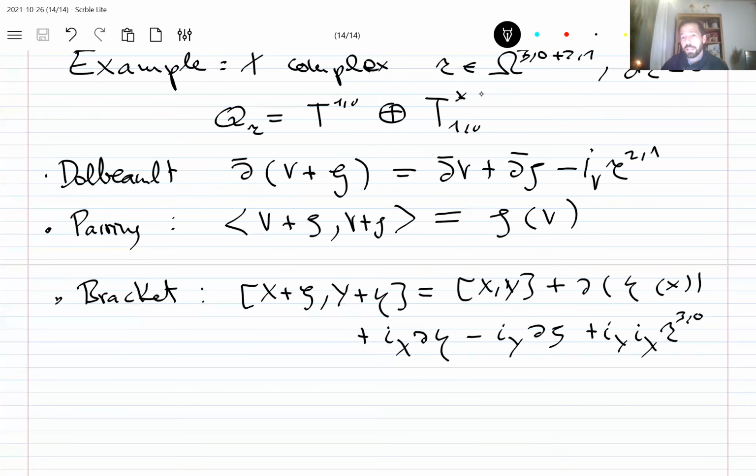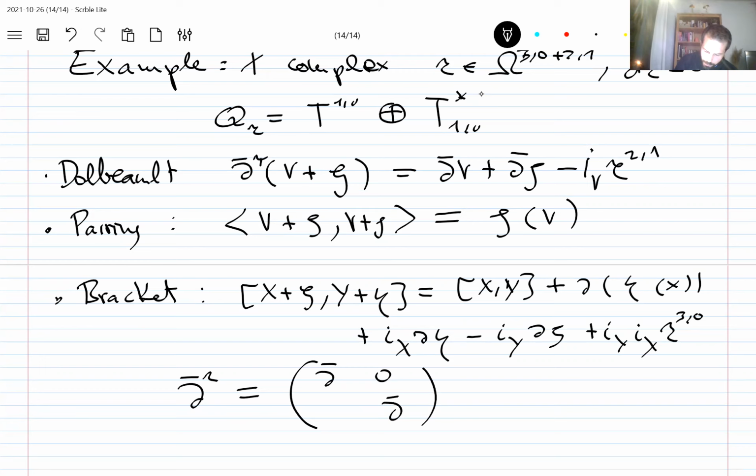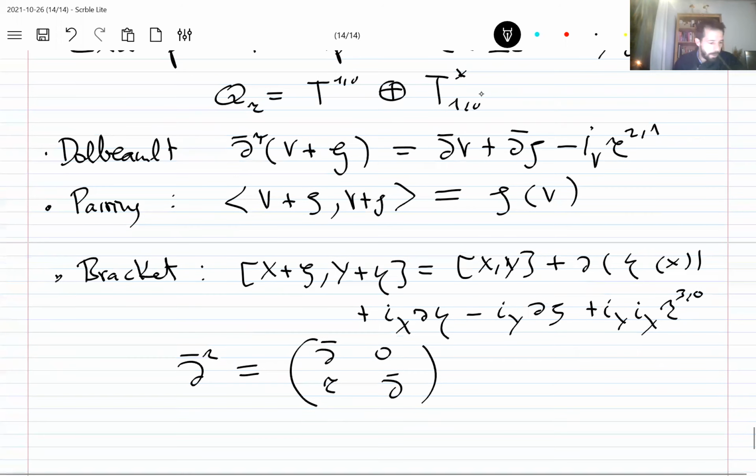And the anchor map is just the usual one. So the Dolbeault operator, I should write it here, d bar tau, can be written in matrix notation as d bar, 0 and tau. Okay.